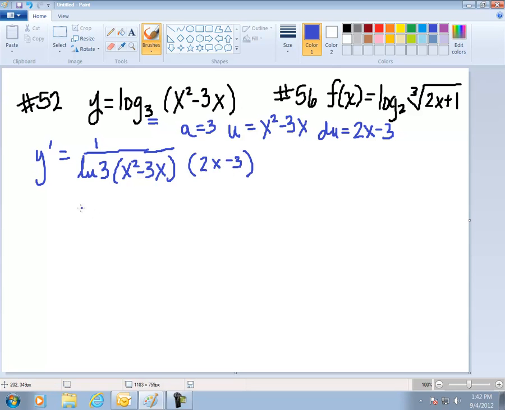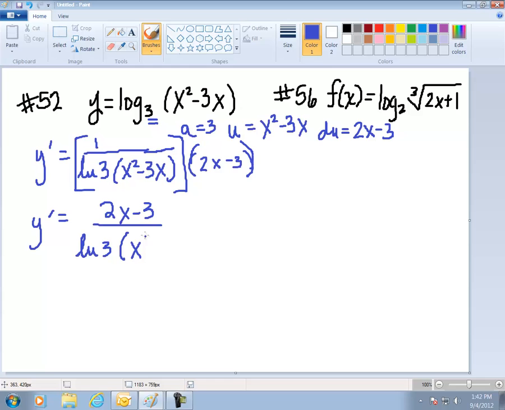I can just stick this times this whole thing here. So I can rewrite this as 2x minus 3 in my numerator over natural log 3 times x squared minus 3x.